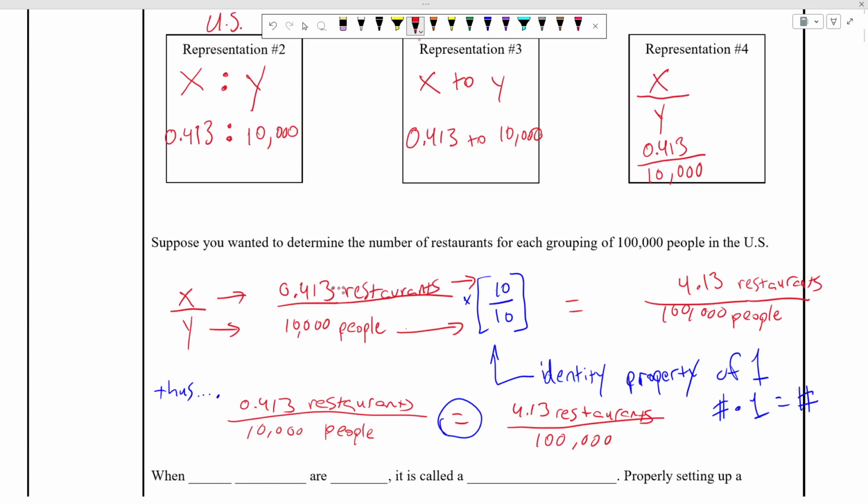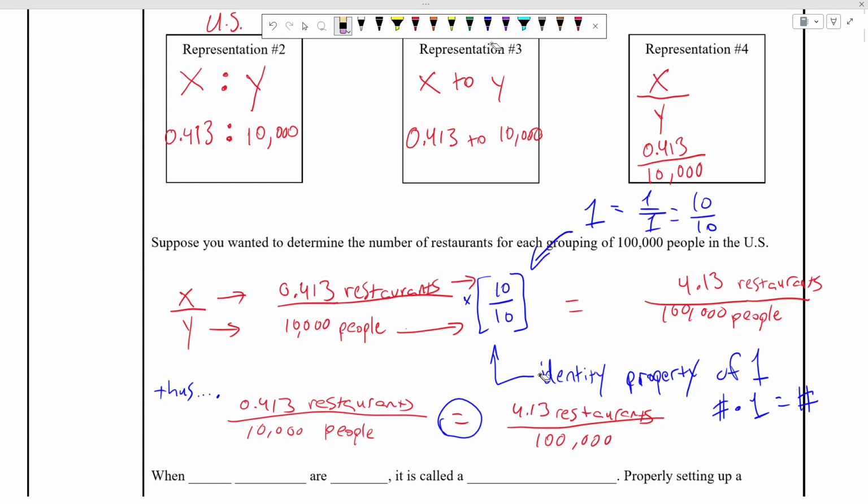Because all we did here was simply multiply by 1. Again, anything times 1 is itself, and 10 over 10 is a representation of 1. So 1 equals 1 over 1 equals 10 over 10. These are all different representations of the number 1.